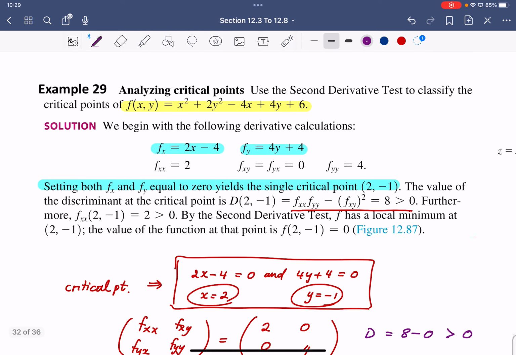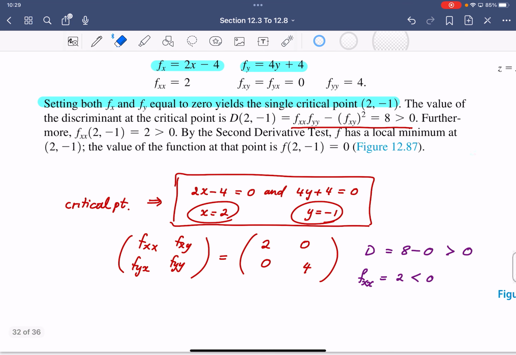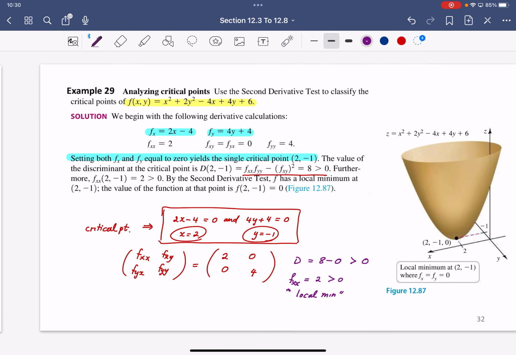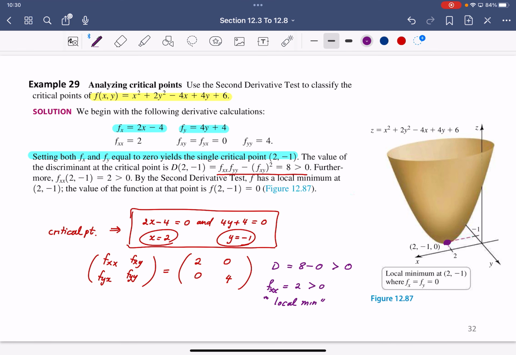Because in this question fxx equals 2, which is bigger than 0, it's a local min. Does it make sense? So it's a local min here, which matches the picture if you put it in a computer.